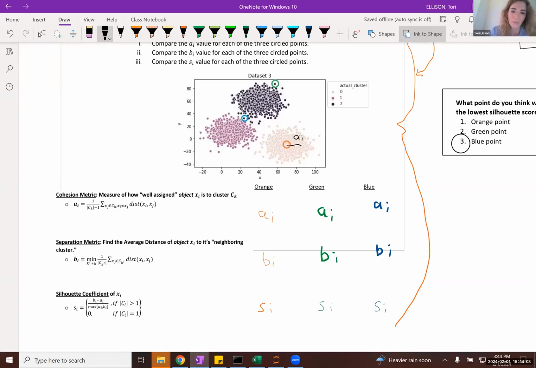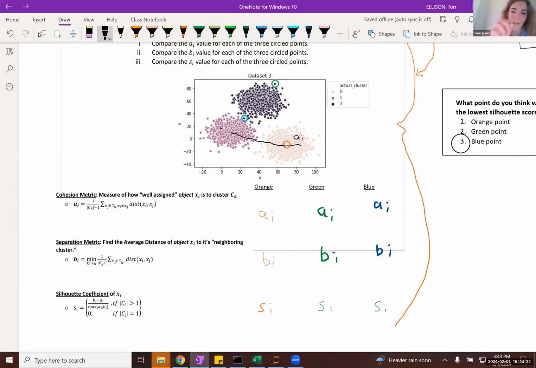Then to calculate the BI, we first calculate the average distance of that point to all other points in this cluster. That would be roughly some average distance of something like this.